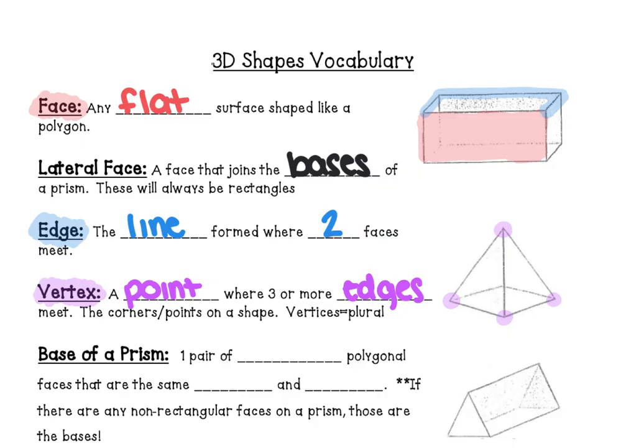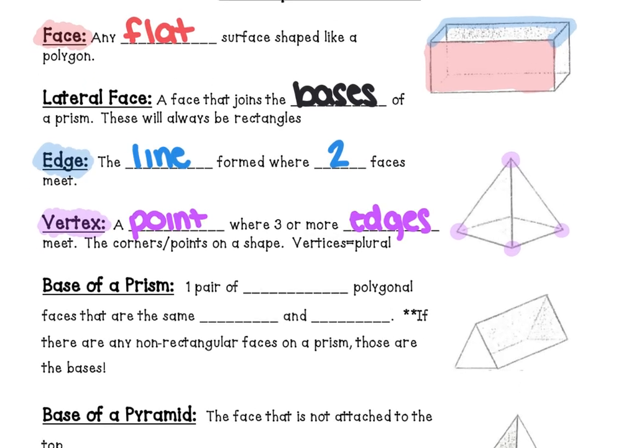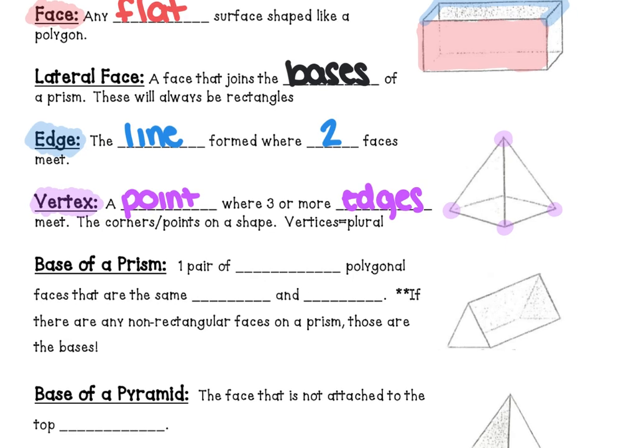All right, moving on to the base of a prism. So the base of a prism is defined as one pair of parallel polygonal faces that are the same size and shape.